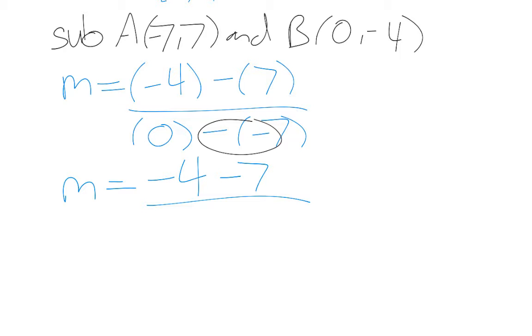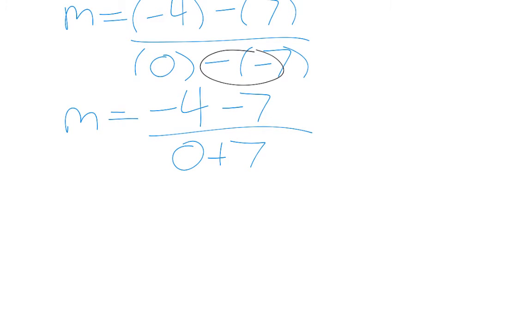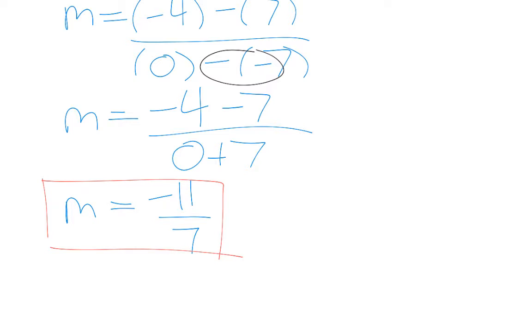When you have 2 negative signs beside each other, that becomes positive. So that's 0 plus 7. This calculation should be pretty straightforward. Negative 4 subtract 7 is negative 11, and 0 plus 7 is 7. We can't reduce this any further, so let's just leave it as an improper fraction. So the slope is negative 11 over 7.